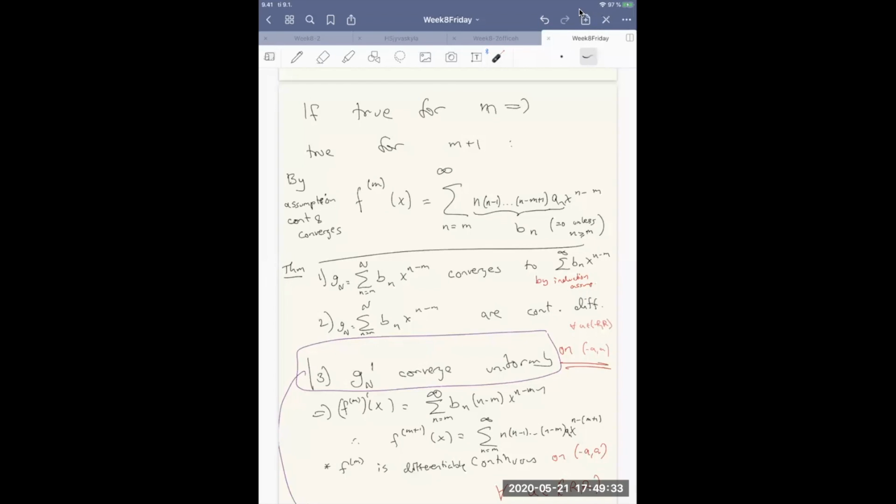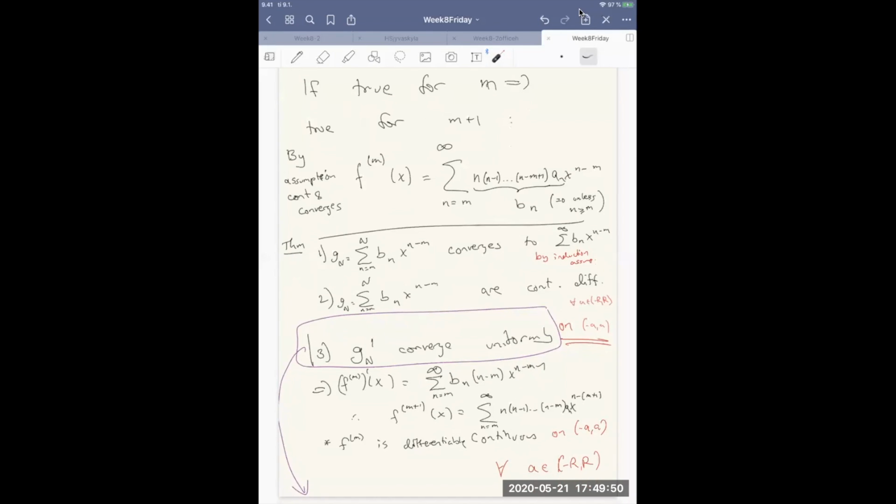For this, what we need is to see this as a limit of a sequence of partial sums. And these are called G_N, capital N. And what we need for those sequence of partial sums is to converge to the limit function. But this we know by the induction assumption. What we also need is that the partial sums are continuously differentiable, and that the derivatives of the partial sums converge uniformly.